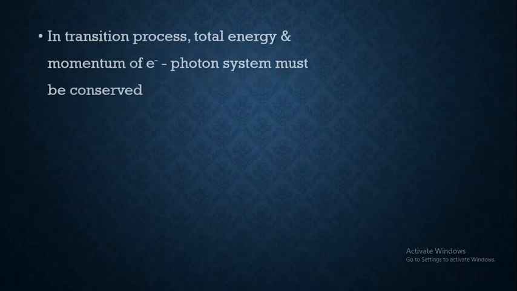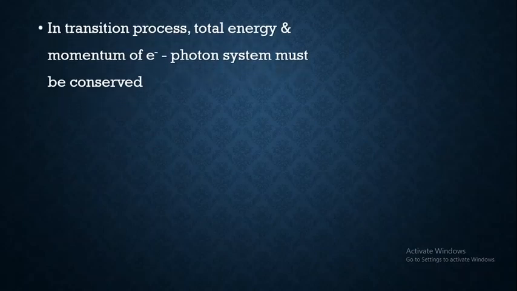So in the transition process, that is nothing but the photon absorption process, some conservation laws are to be obeyed. It means the total energy as well as momentum of the electron-photon system must be conserved. So let us see what terms are conserved, and based on that what conclusions we can make.